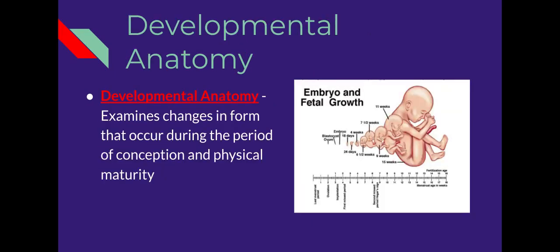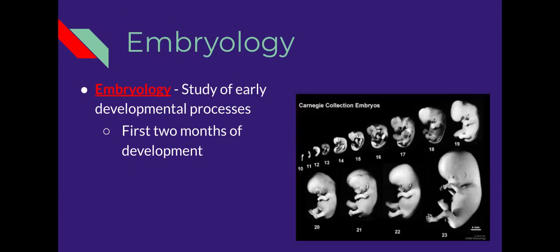Next one is developmental anatomy. Developmental anatomy examines the changes in form that occur during the period from conception to physical maturity. So that's going to cover a large span of time, from when an embryo is starting to develop all the way until they hit maturity, which is about the age of 12 to 13, depending.